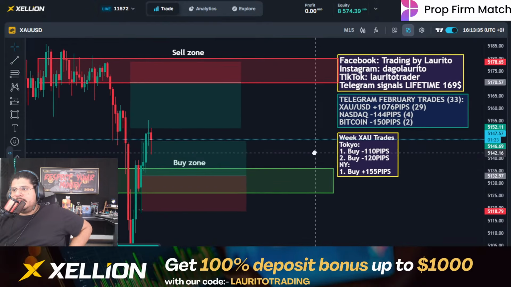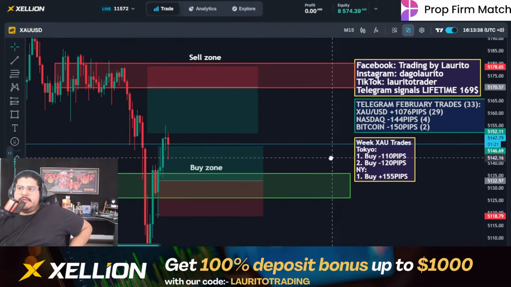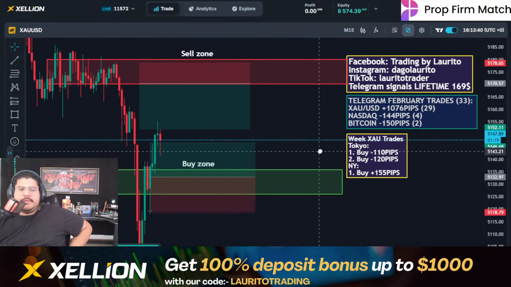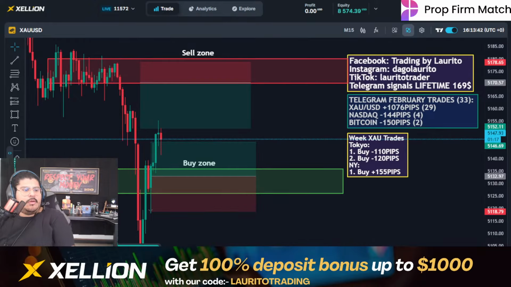So yes, but let's see. Let's see what happens in the sell zone. Let's see what happens in the buy position. Be clear of that, guys. At this moment, we are waiting. Clear of that.